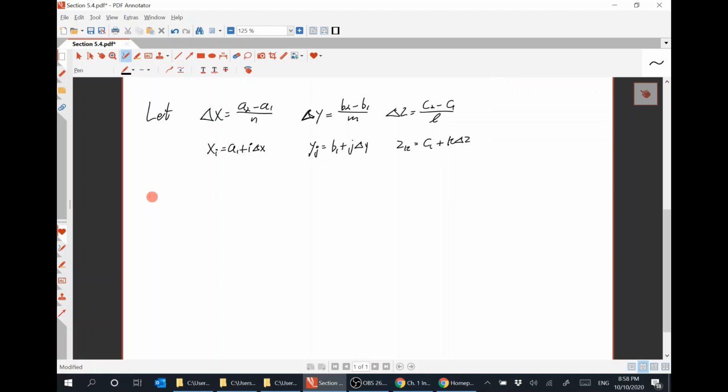Okay, this subdivides B into small sub-blocks of volume delta V equal to delta x, delta y, delta z.